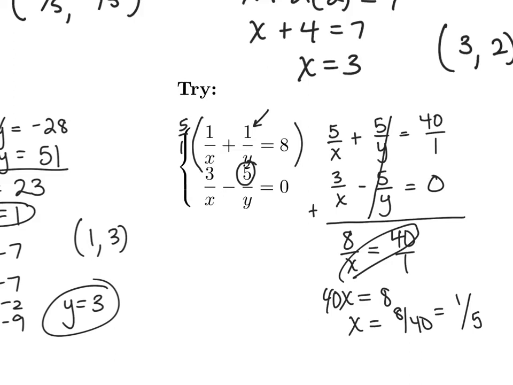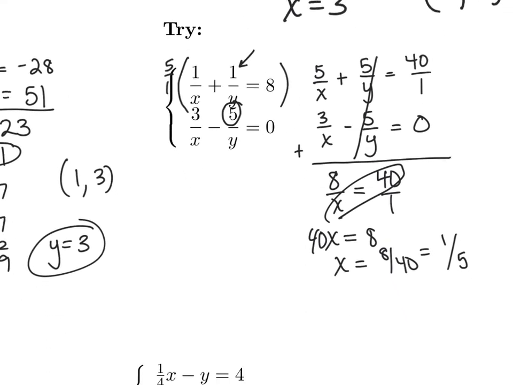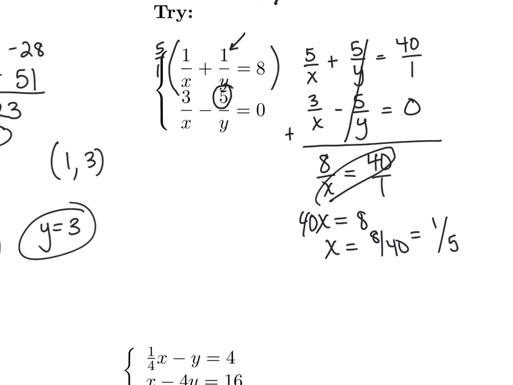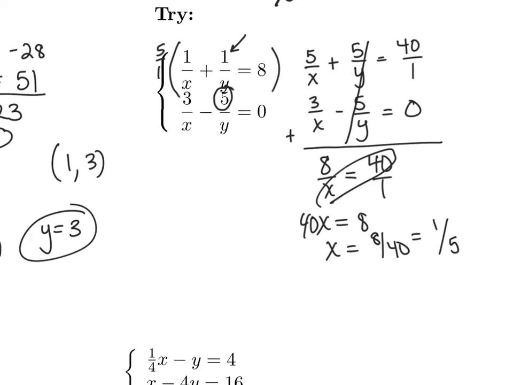So we can plug in. Which one looks like a good one to plug into? Maybe the first one. So 1 over 1/5 plus 1 over y equals 8. 1 divided by 1/5, remember, you're just multiplying by the reciprocal, so it's actually going to be 5 plus 1 over y equals 8.